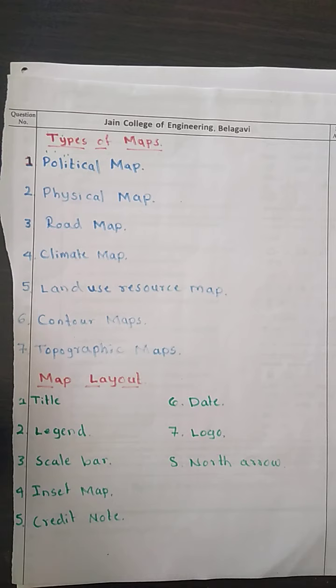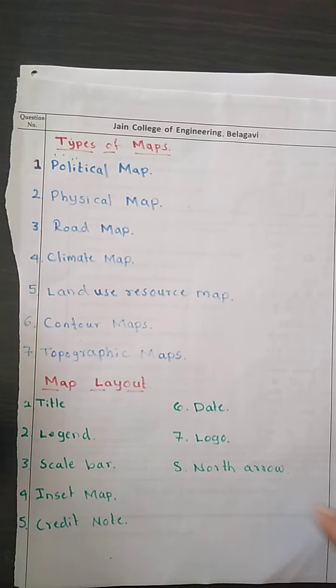Now we will see what different types of maps we have. We have around 7 types of maps. The first one is the political map. Now what is a political map? These maps are usually colored by country or by state. Normally we represent a political map for a country or a state.